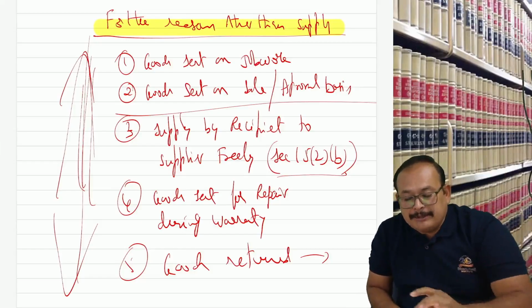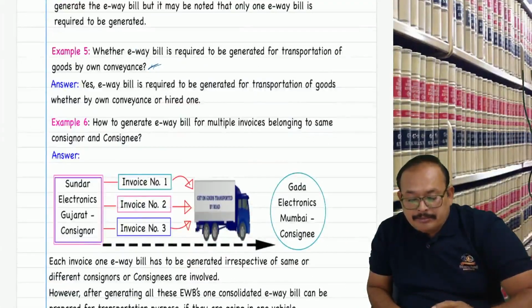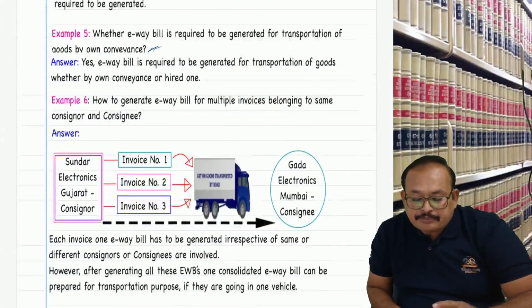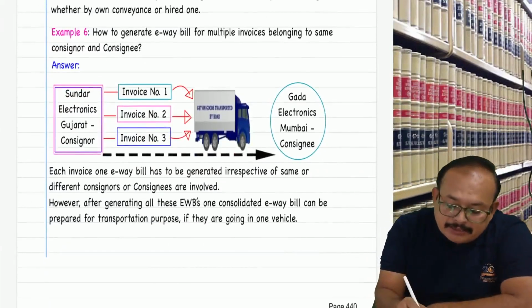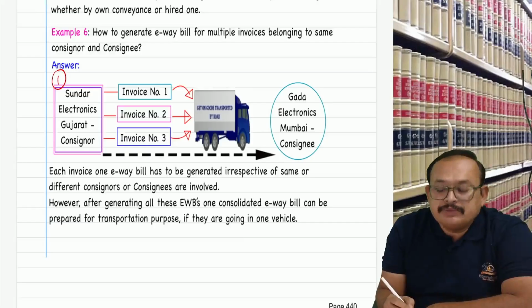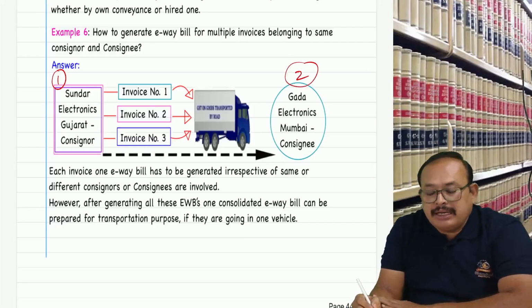Now please come back. Here you see one consignor, Sundar, and one consignee, Gada Electronics.